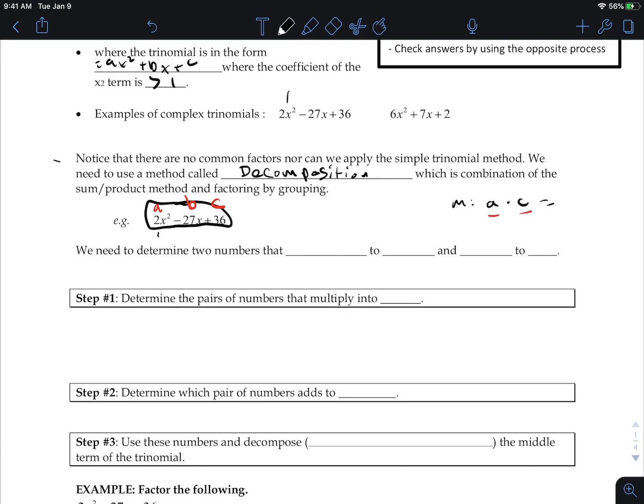So we need to figure out 2 numbers that multiply to 2 times 36 in this question, right? So to 72, and add to negative 27. Okay, does everybody see where I got 72 from?